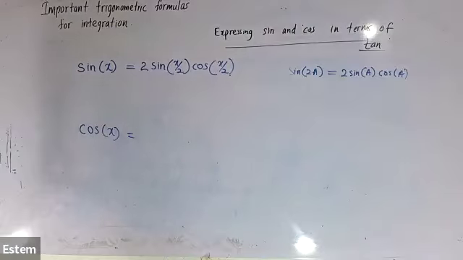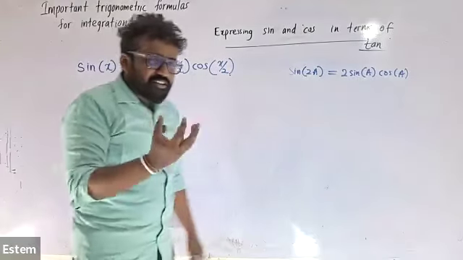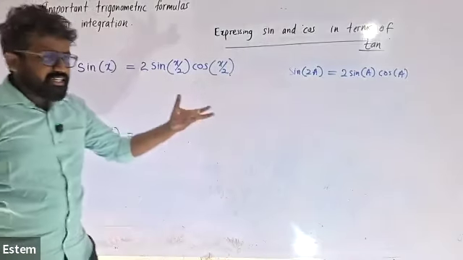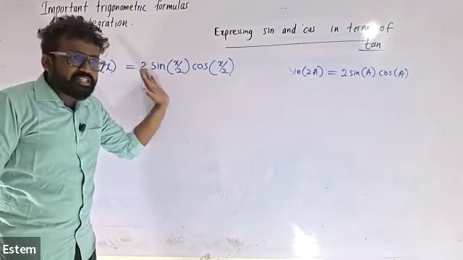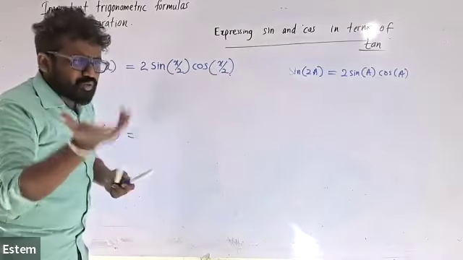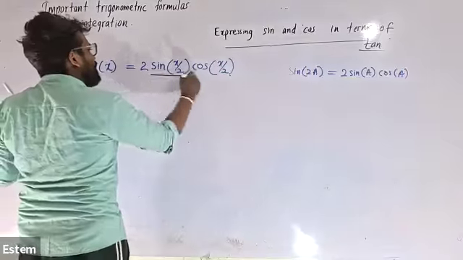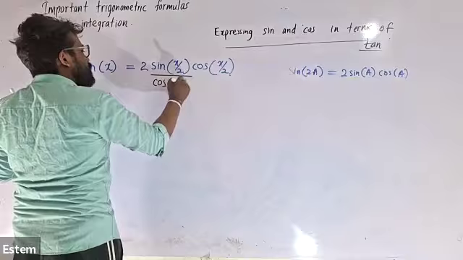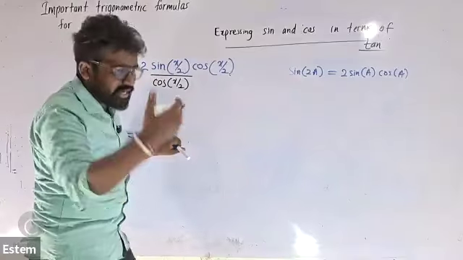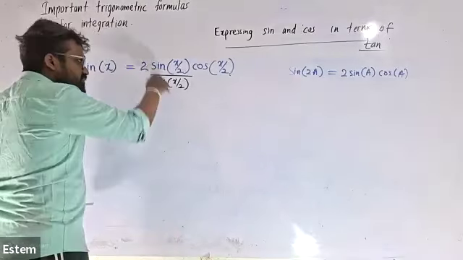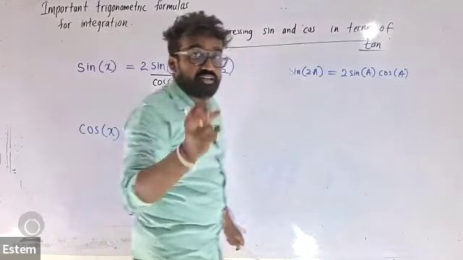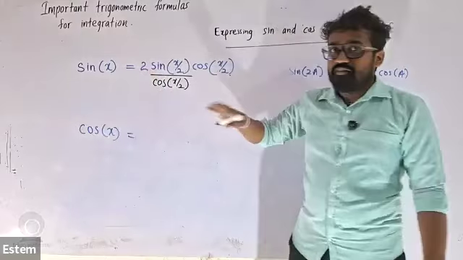Then see, what is our purpose? What we need is expressing these in terms of tan. So to get tan, I will divide sin x over 2 by cos x over 2. But we can't just divide.